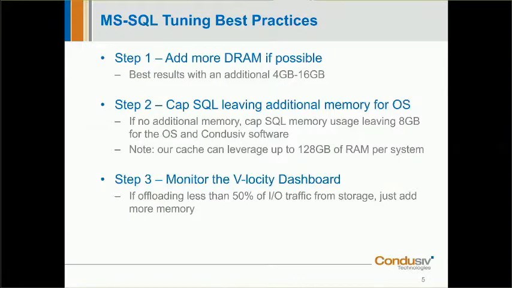Now, at this point, some of you will probably be thinking, yes, but SQL is already using most of the available memory in the machine. How can you possibly create a RAM cache? And it's true that if SQL is left uncapped, there typically wouldn't be enough RAM for Velocity to create a cache with.